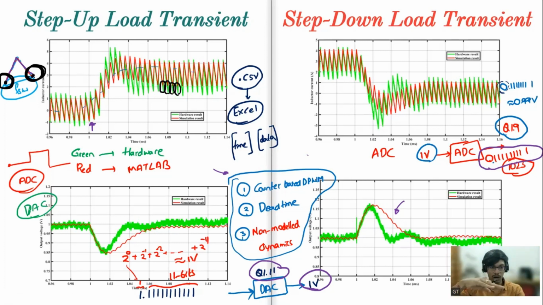We are seeing both overlap, and this load transient instant had to be overlapped. This we had to do manually. We plot MATLAB separately and hardware separately, and we have to time shift it and also adjust the offset. Accordingly, the adjustment has been made, and then we are viewing these results.